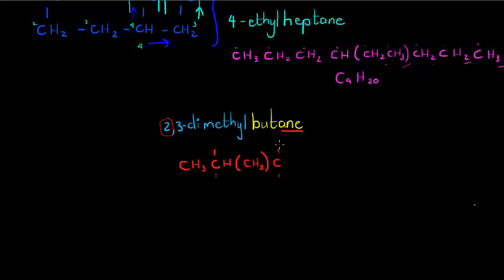It could both have been groups or methyl branches, but it's not. Only one of them is a methyl branch, which means that the other one must be a hydrogen and then a methyl branch. Like that. Excellent.